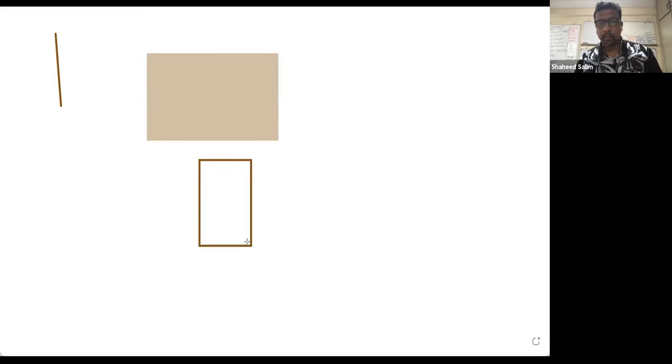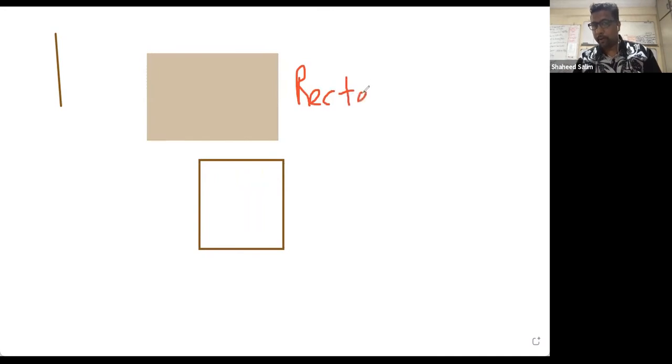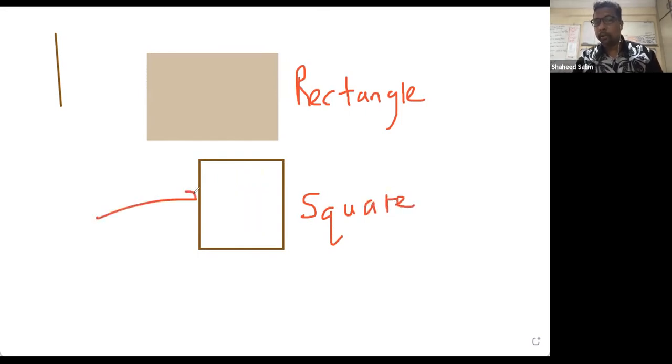You all agree that number 1 is a rectangle, number 2 a square? Do you all agree that this is a rectangle? Yes? This one cannot be a square, correct? One more name you must know. Can I call this one a rectangle?